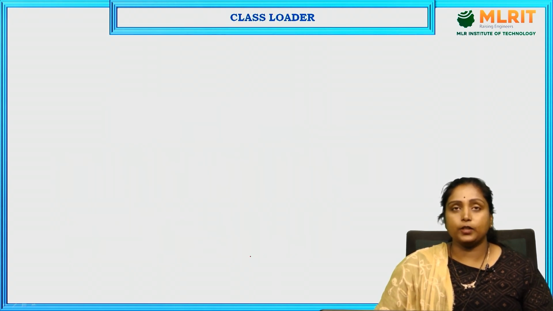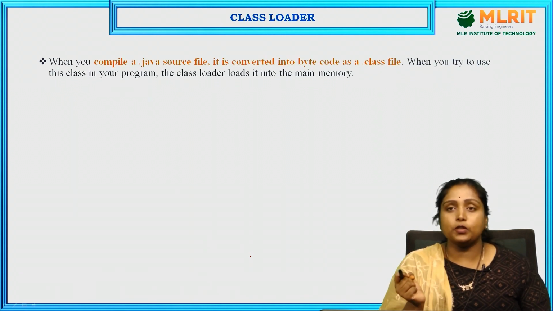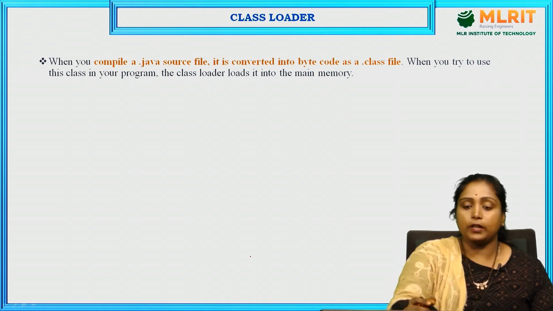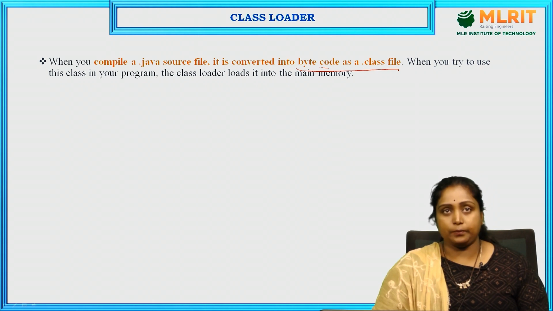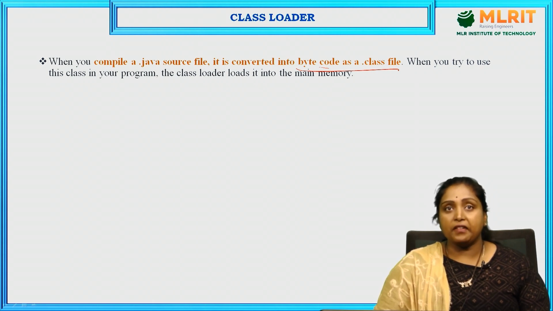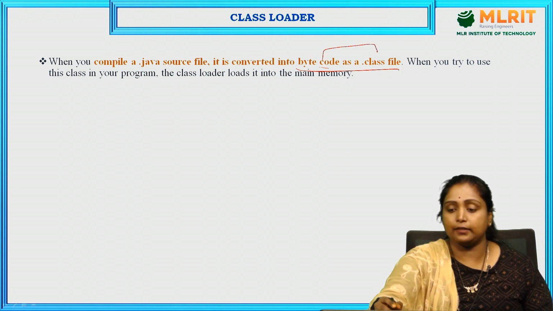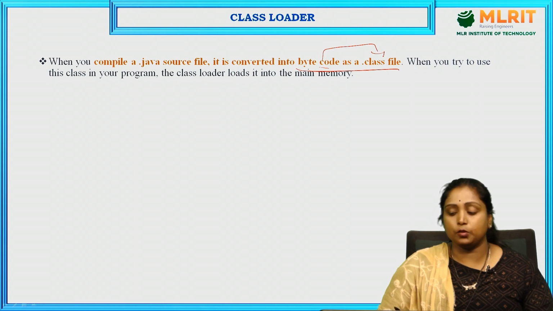Coming to the class loader, what does it mean? When you compile a .java source file, it converts it into bytecode as a .class file. The class loader first loads a class into the main memory.